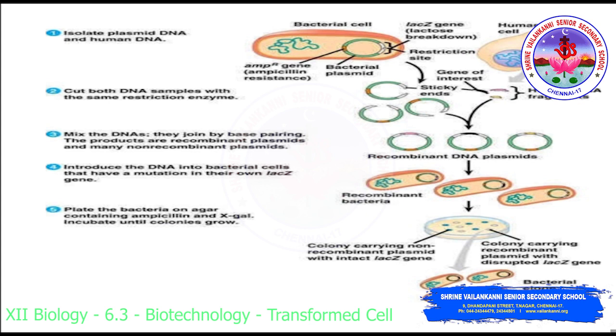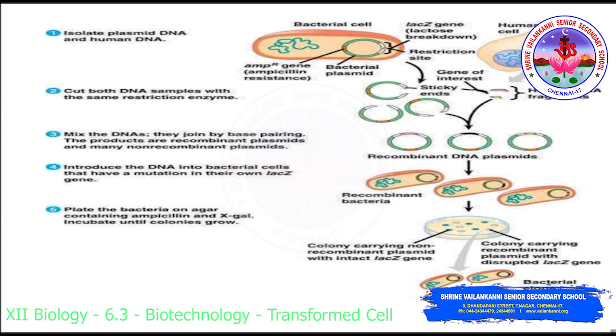Now, the third step. The human DNA fragment is isolated and segregated, and we have the gene of interest. Now we mix the DNA, so that they join by base pairing. What is base pairing?